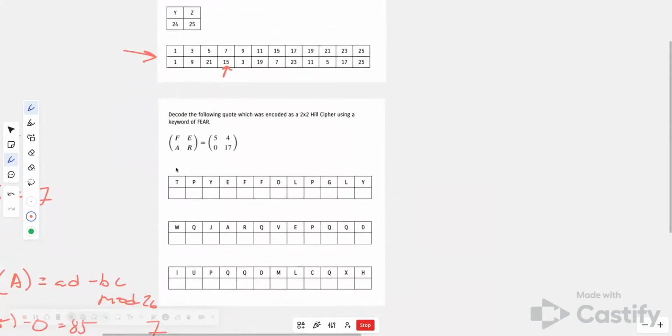So I'm going to do that right now real quick. G6. D3.